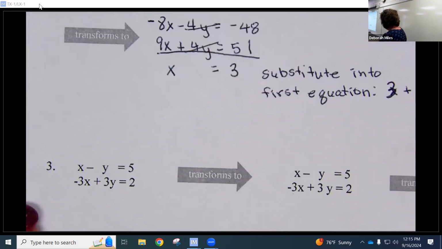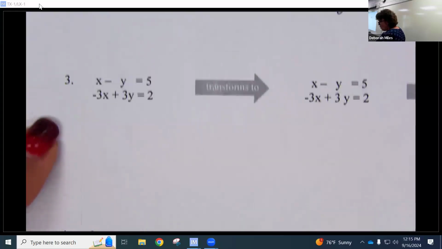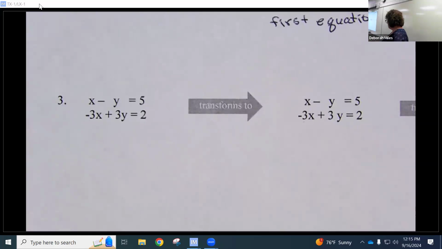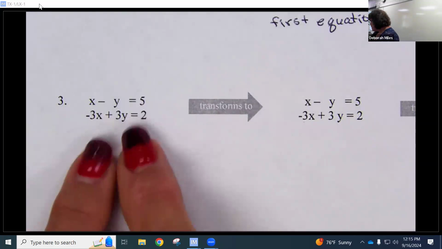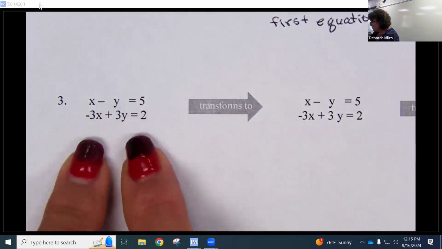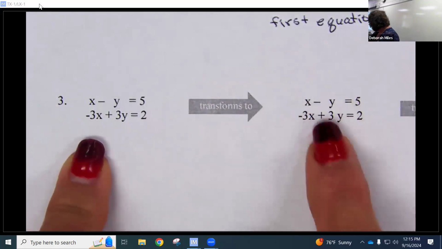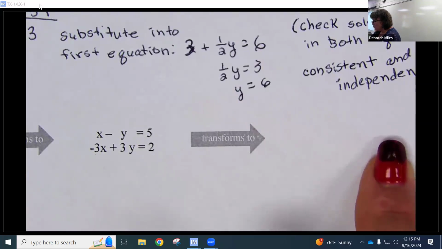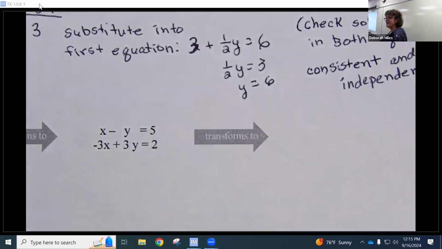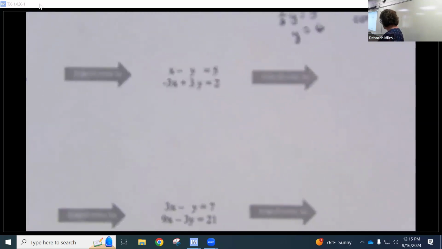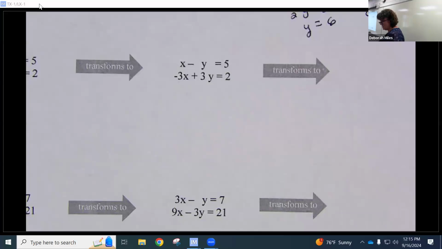I want you to figure out on 3 and 4 what you would need to multiply one of the equations by to make one of the variables eliminate. And I've set you up to not write on your original problem. Here's the original problem. Put what you're going to multiply by here, and then what you'll have after you multiply there. I want you to do that for both number 3 and number 4. And I can pre-warn you that something weird is going to happen.